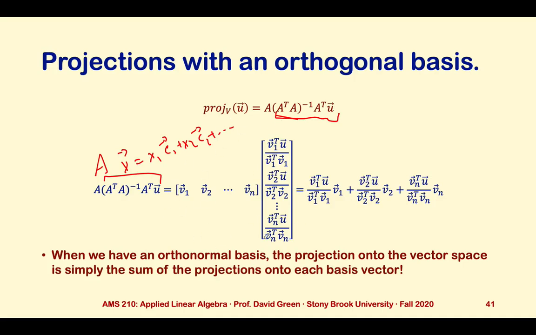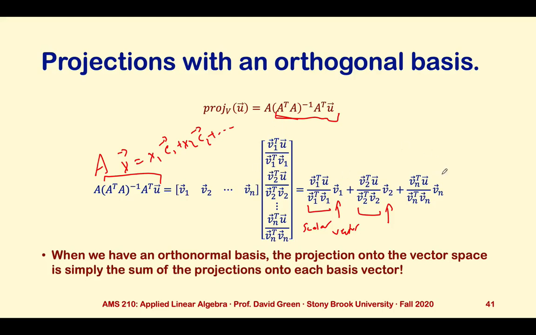Our coefficients in this expansion are these individual terms from our vector, and the columns of A are these V's. And so each term has a scalar and a vector. And we are writing this combination of scalar multiples of the vectors, a linear combination of the columns of A, where the coefficients are given here.